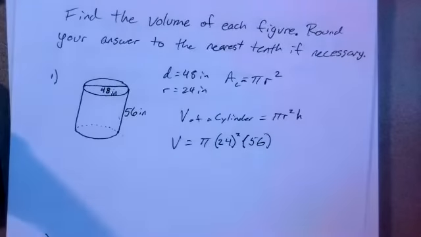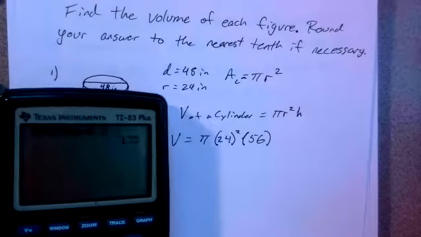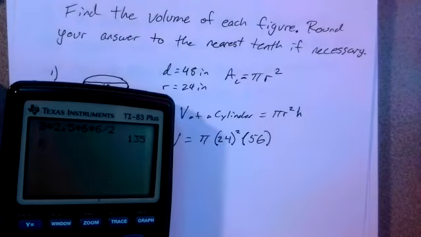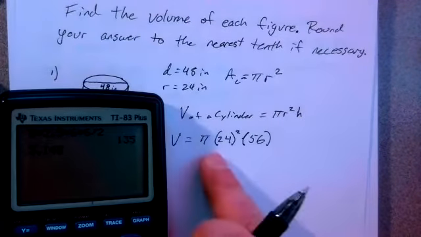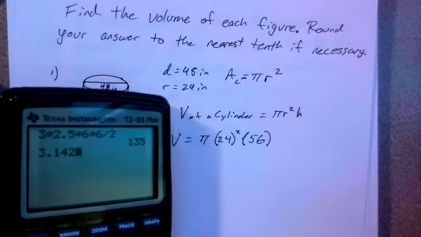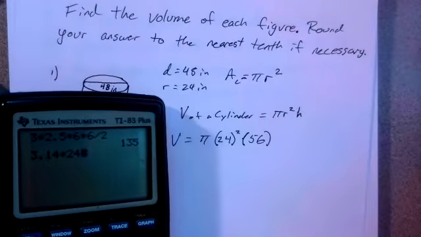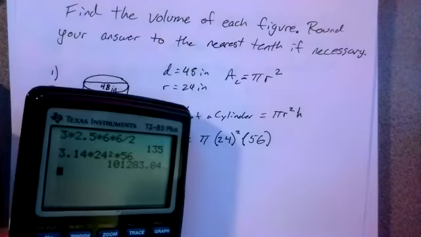So throw that in the calculator. Yes, Chase. Throw that in your calculator. I'm going to use 3.14 for pi, times 24 squared times 56.